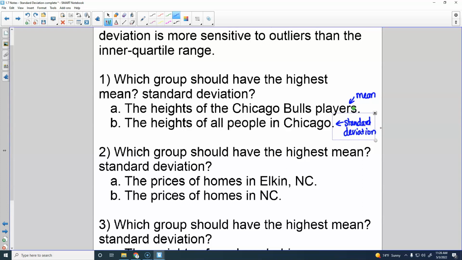Right, so a lot of questions you're going to get on the exam for this are not even going to actually have numbers in them. They're just going to ask you to reason through them. Okay? So answer number 2 on your papers.